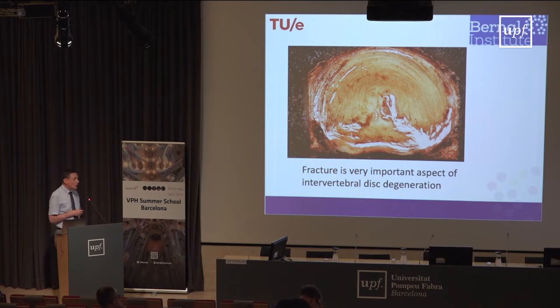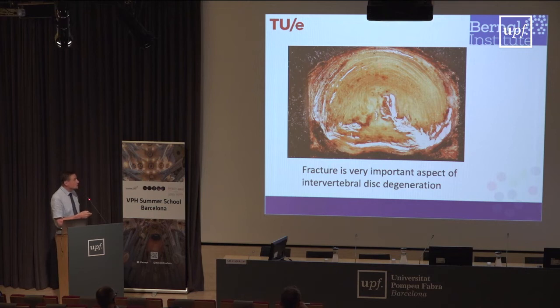Now, a second theme I would like to talk to you about is fracture. And fracture is a phenomenon which is extremely relevant to disc degeneration, because most of disc degeneration is associated with fracture. And fracture means that very locally at crack tips, there are very large strains, even in relatively stiffer environments such as disc or cartilage.